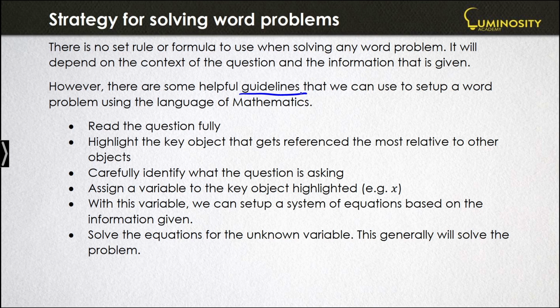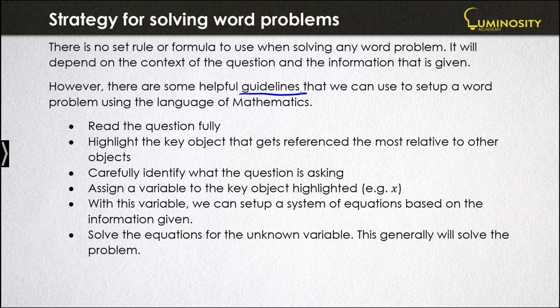Next, you want to highlight key object or key objects that get referenced the most relative to other objects. Now, for example, your word problem could be based on, let's say, 4 people, person A, B, C, and D. Now, person A might get referenced relative to person B and person C and person D. This information that is relative to them could be probably their ages between them or the height differences between them.